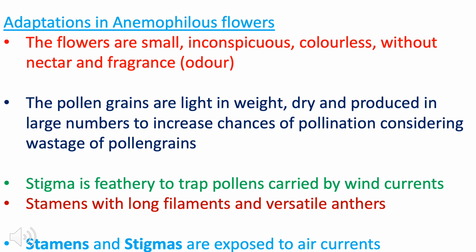They don't have nectar and fragrance at all. And the pollen grains are light in weight, dry, and produced in large numbers to increase chances of pollination, considering the wastage of pollen grains. The stigma is feathery to trap pollen grains, and the stamens have long filaments and versatile anthers. Stamens and stigmas are exposed to air currents, so they have adapted themselves for this wind pollination process.